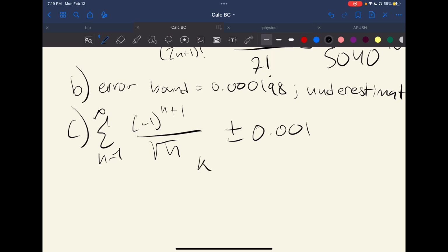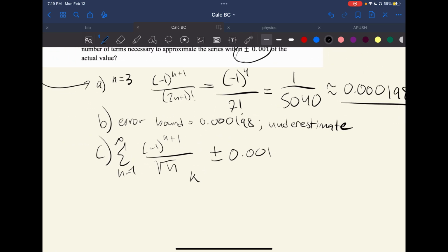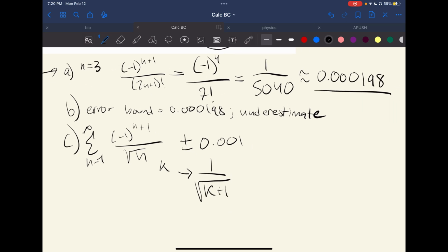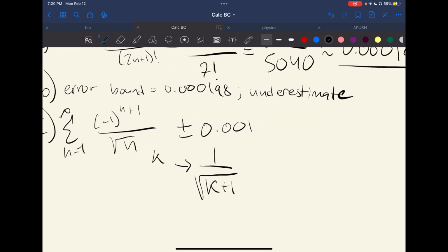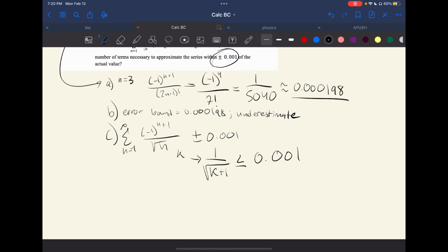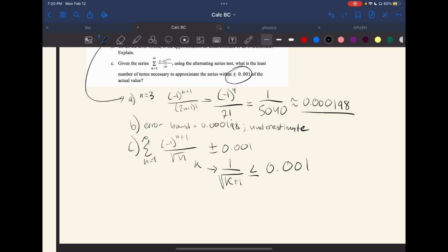So we're looking for a k, and k is going to be the least number of terms that you need to get within 0.001. So if we wrote that, it would be 1 over root k plus 1, because we're using the omitted term, so we have to do plus 1. And then they're saying the least number of terms, so we're going to do less than or equal to 0.001, okay?